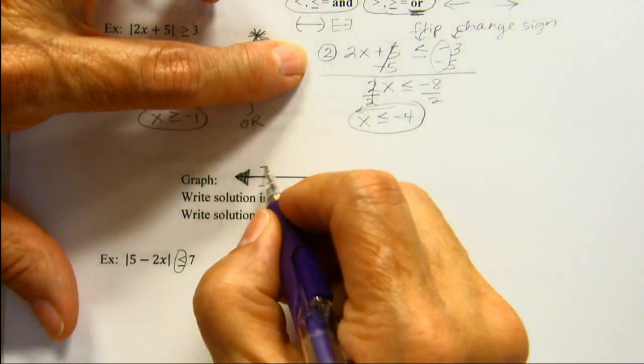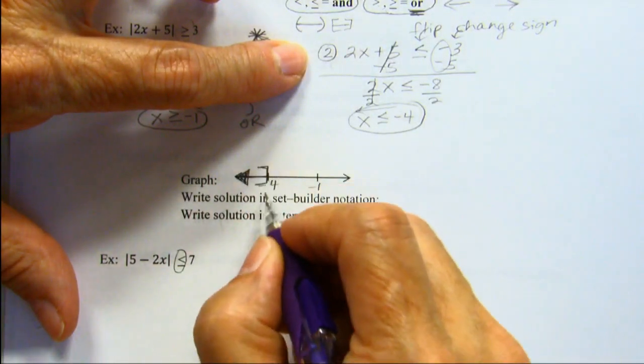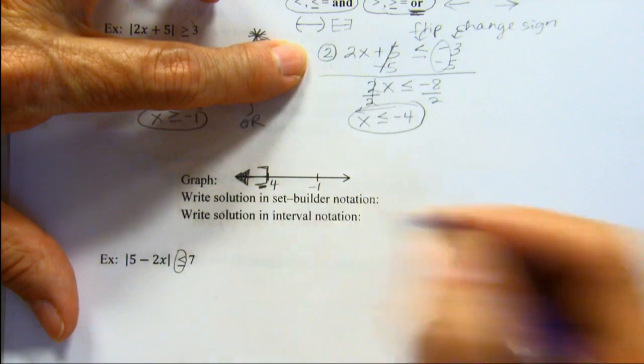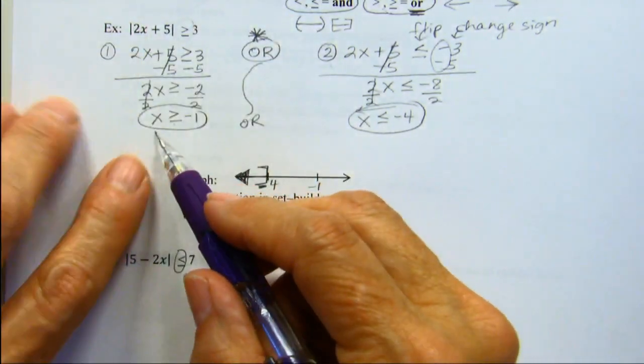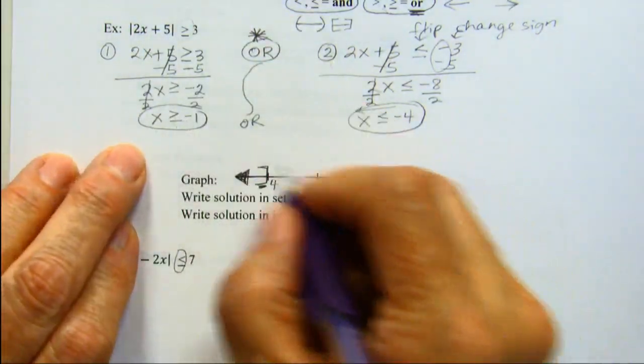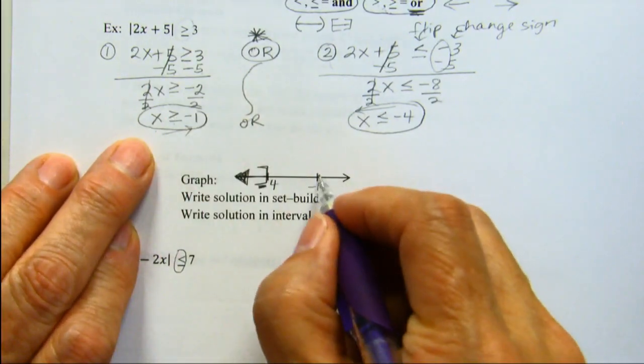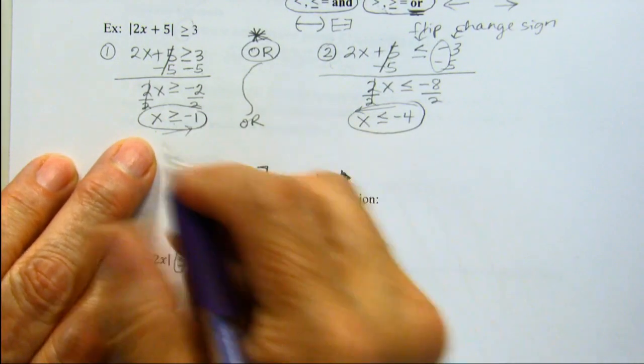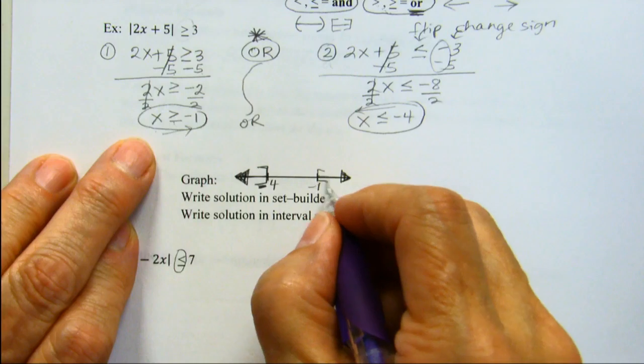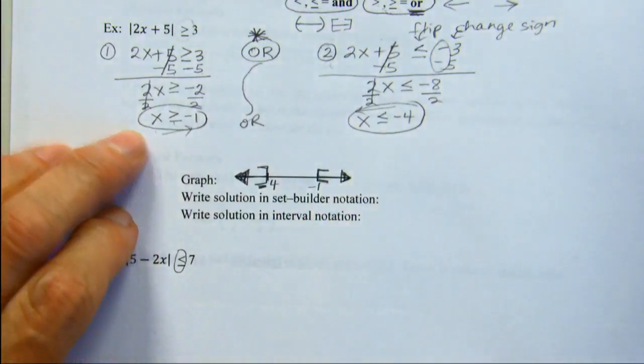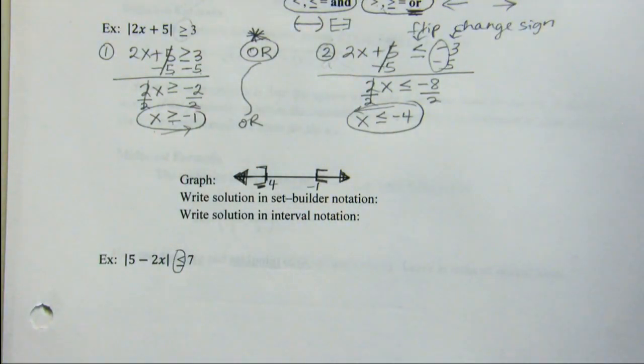Bracket. Very good. X is greater than or equal to -1. Greater than points to the right. We got that equal bar underneath, so we have another bracket. Just like parentheses, brackets open up towards your arrow.